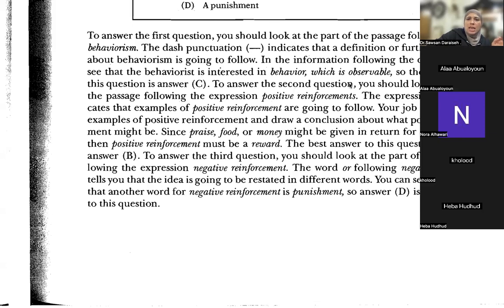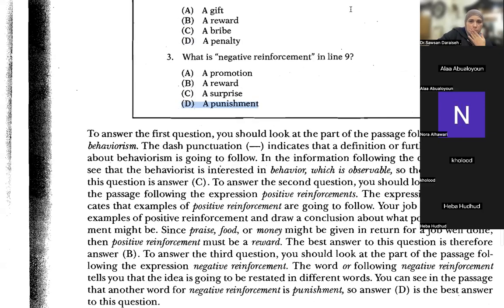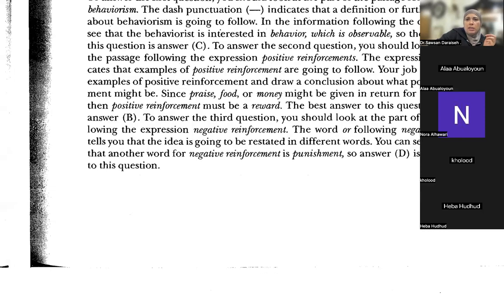To answer the second question, let's look at the second question, take a good look at it. Direct question, what is positive reinforcement in line 7? Okay, you should look at the part of the passage following the expression. We also need to look ahead a little. As you can see, following the expression positive reinforcement, the expression such as, where is it?